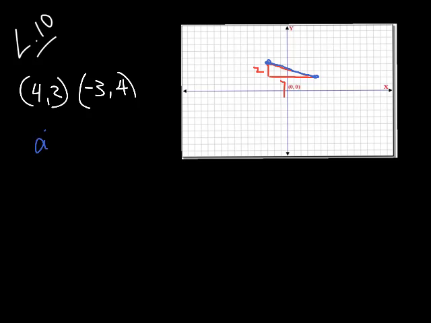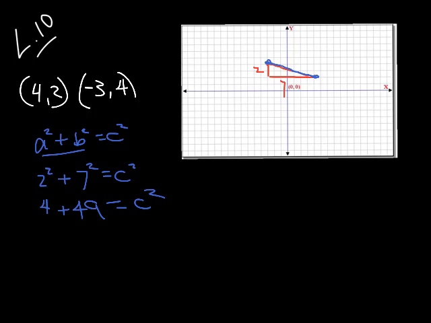So we're going to use a squared plus b squared equals c squared. Again, a and b are both the short sides. The hypotenuse is always the c, so we're going to take 2 squared plus 7 squared equals c squared. So 4 plus 49 equals c squared. 53 equals c squared.